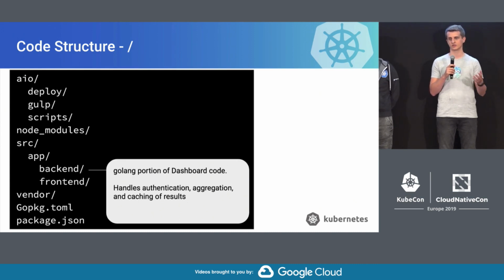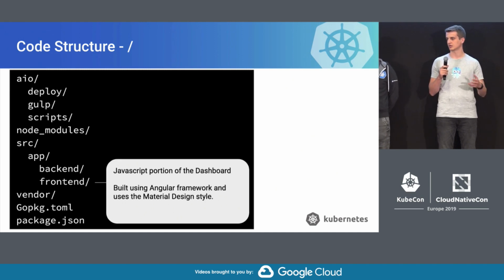The backend interacts directly with the Kubernetes API server. We use it to fetch all the data and to perform all the operations on it, like sorting, pagination, and stuff like that. And then we send it to our frontend, which is located in the frontend directory.